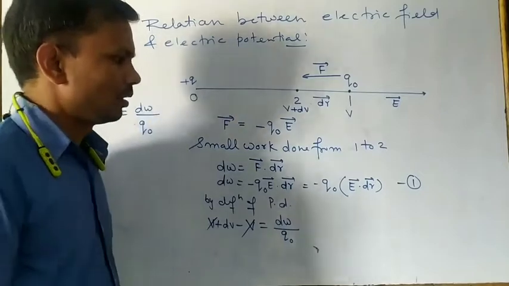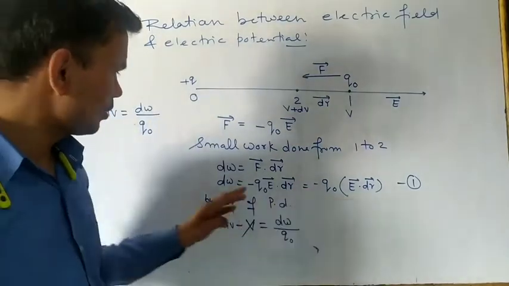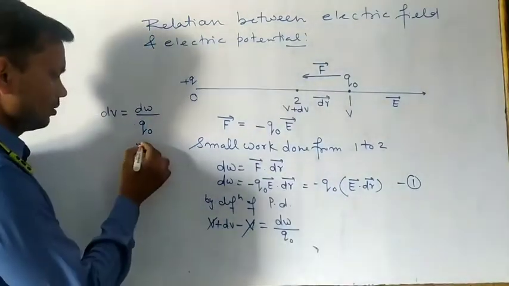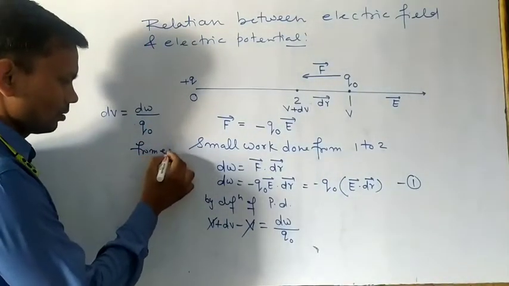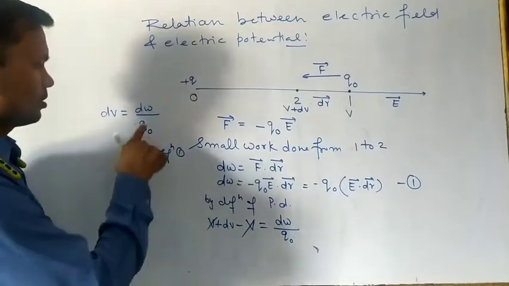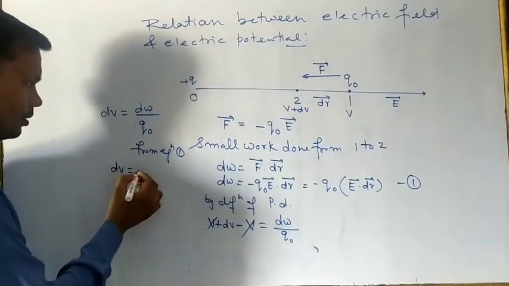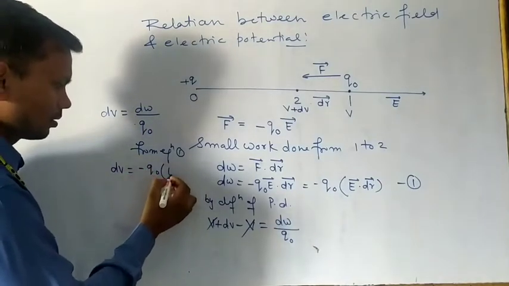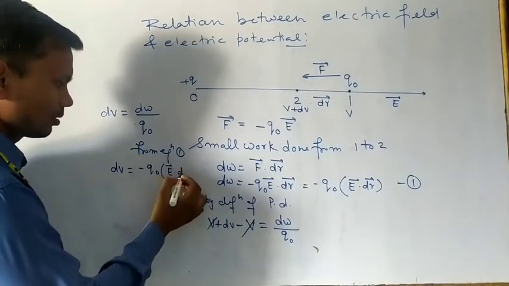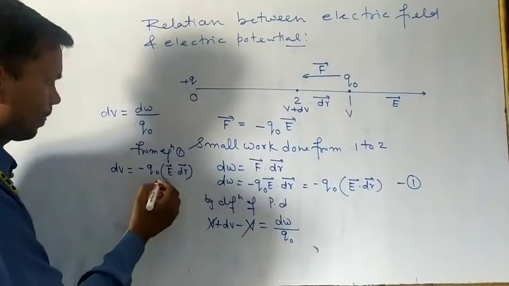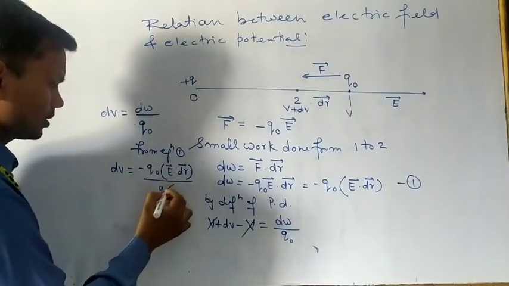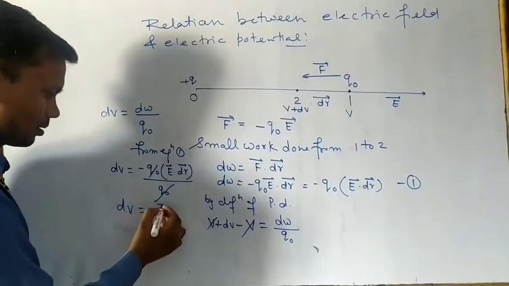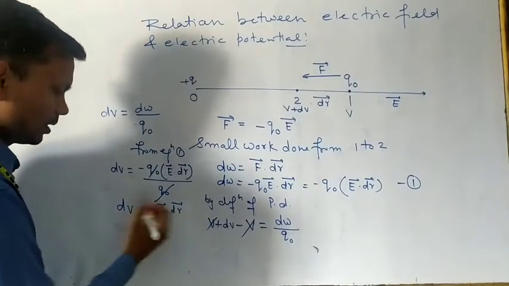Now from equation 1, we can put dW, so dV is equal to minus Q naught vector E dot vector dr, divided by Q naught. So Q naught is cancelled out. So dV is equal to minus vector E dot vector dr.